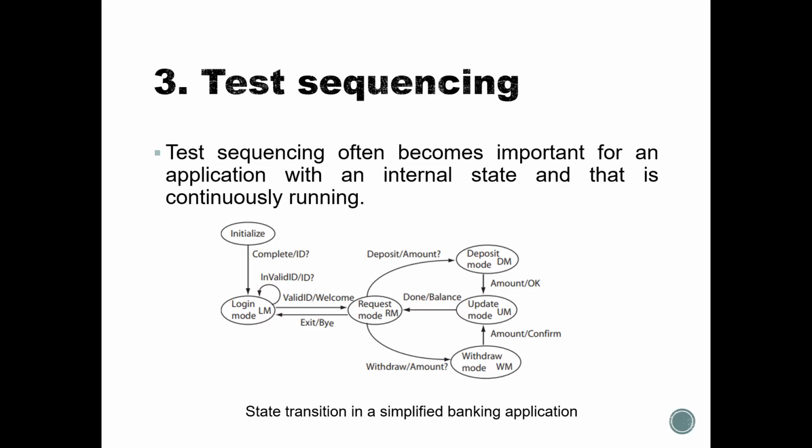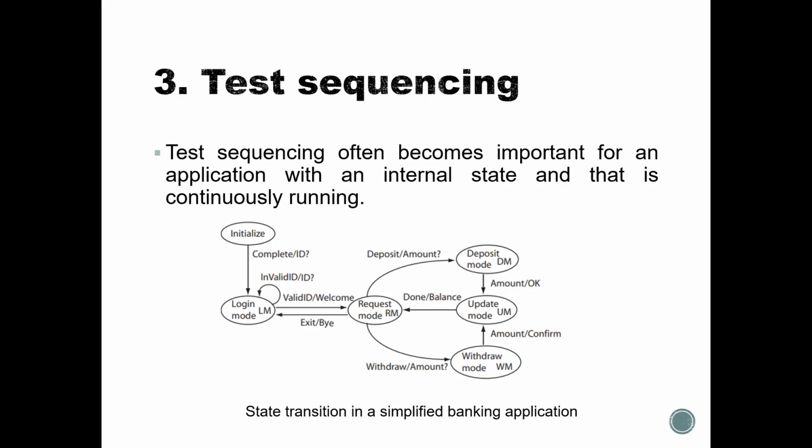The user can enter a certain amount to deposit, and it will go to the deposit mode. Similarly, the request mode also shows you the withdraw option, and if he wants, he can go to withdraw where he can enter the amount.